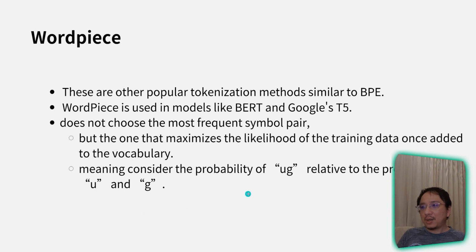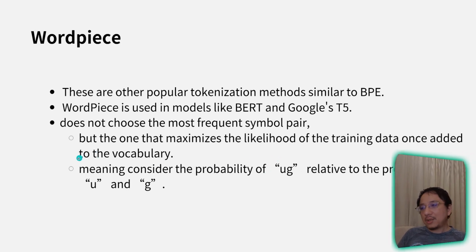So for example, let's consider an extreme case: the combination UG. Suppose UG does not appear that often.